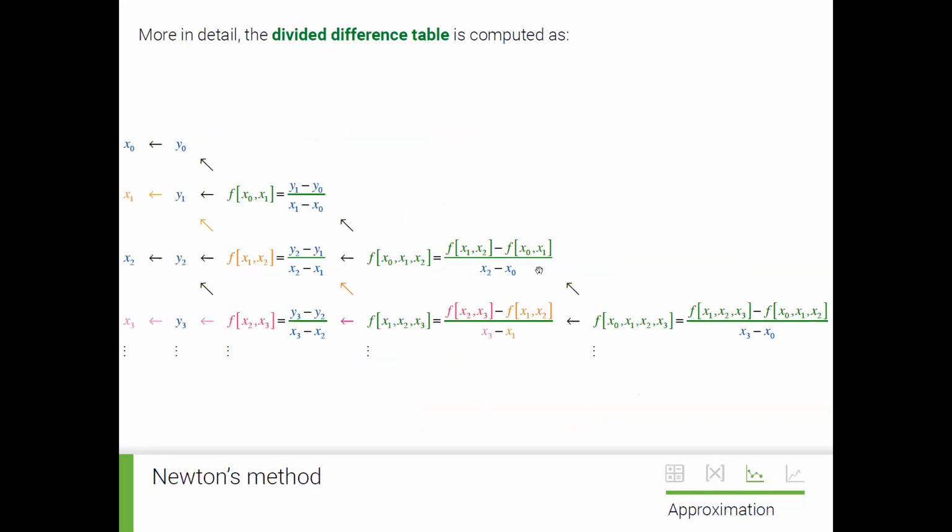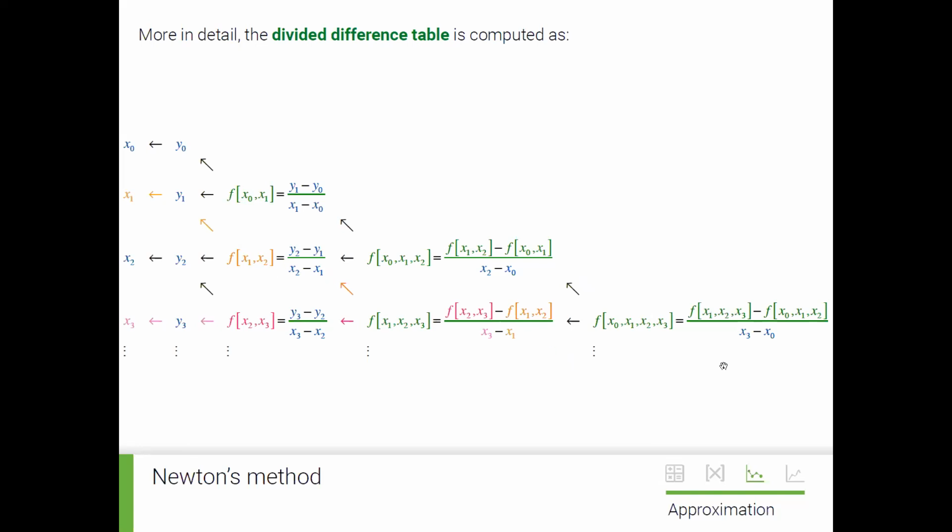Now we can find the third coefficient. It equals (f[x1, x2] − f[x0, x1]) over (x2 − x0). But we don't have f[x1, x2]. Yes, we have f[x0, x1] from the previous one, but we don't have this one, so we need to find it also. It equals (y2 − y1) over (x2 − x1).